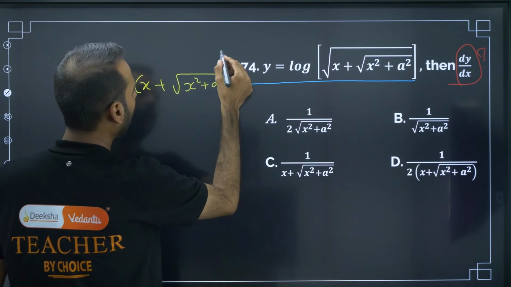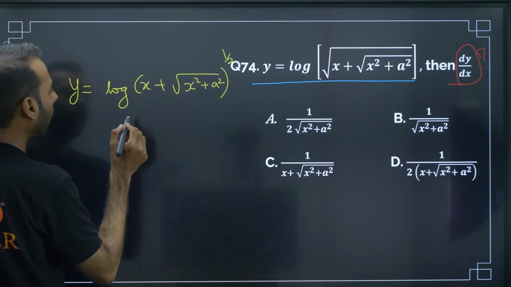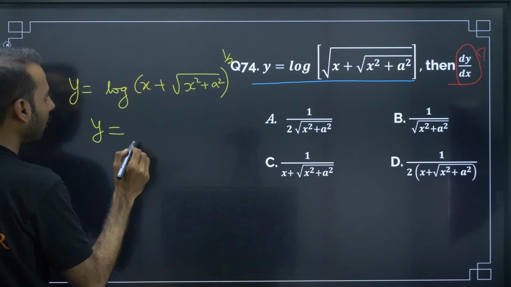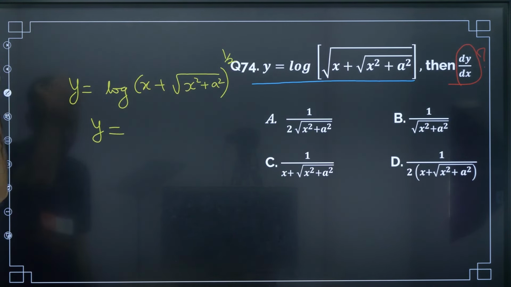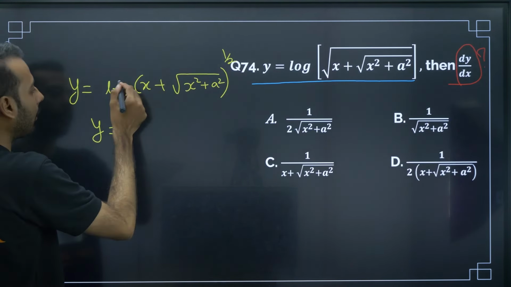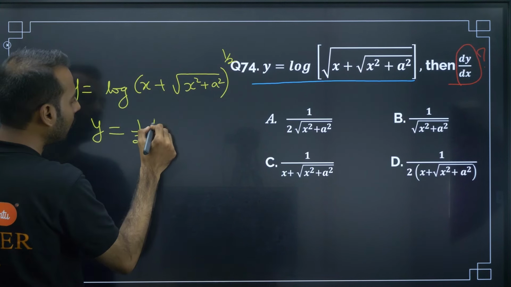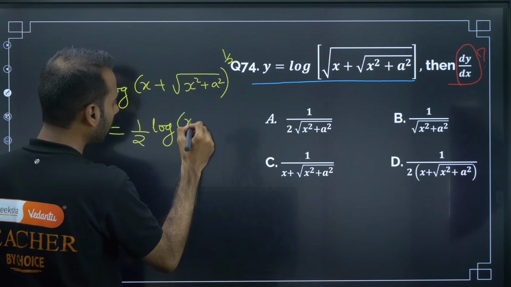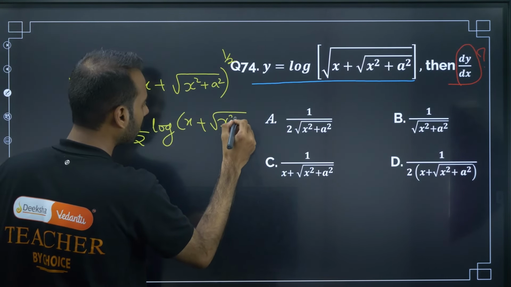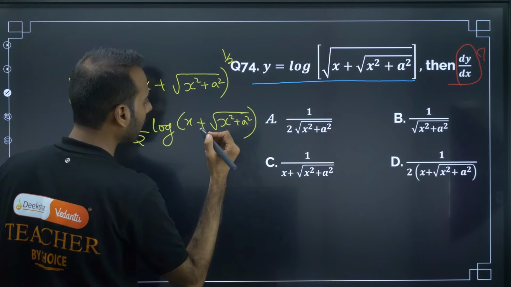For this root I am writing whole power 1 by 2, so y is equal to 1 by 2 log of x plus root of x square plus a square.